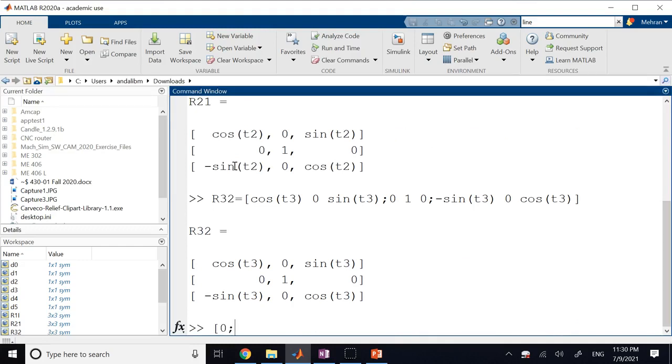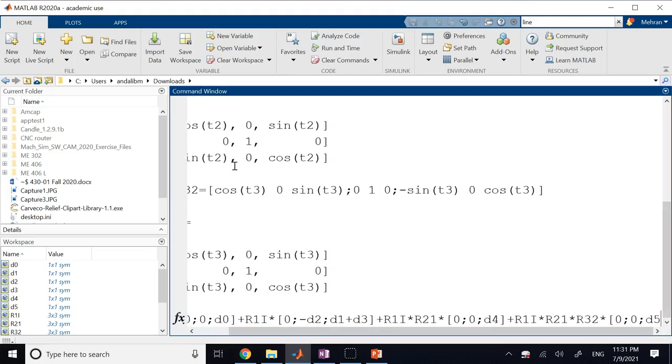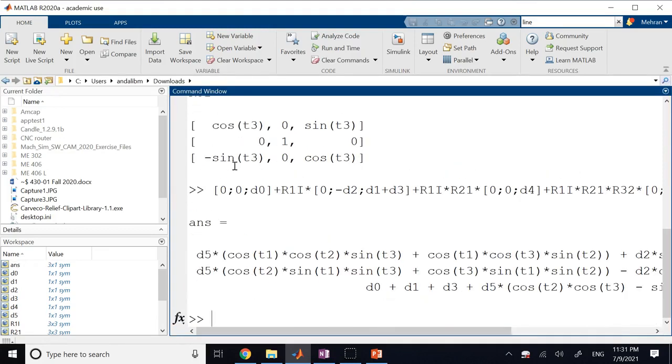So it is equal to 0, 0, and d naught plus R1I times 0, negative d2 and d1 plus d3, then plus R1I times R21 times 0, 0, d4, and finally plus R1I times R21 times R32 times 0, 0, and d5. Okay, and this is the result.